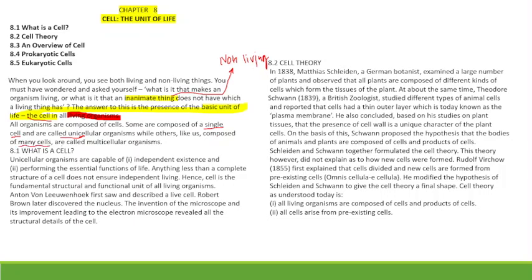So we can also say that on the basis of cell, organisms are divided into two types. On the basis of what? Number of cells: unicellular and multicellular.